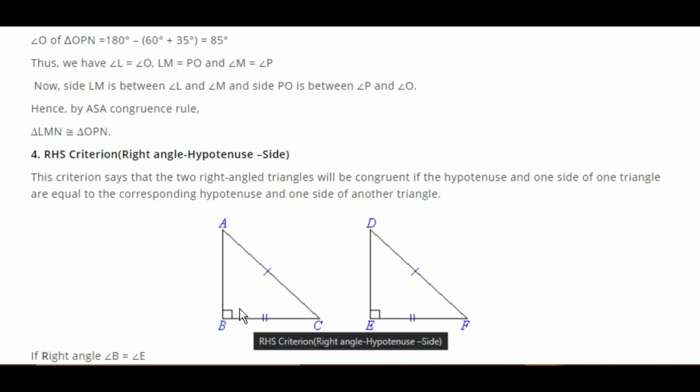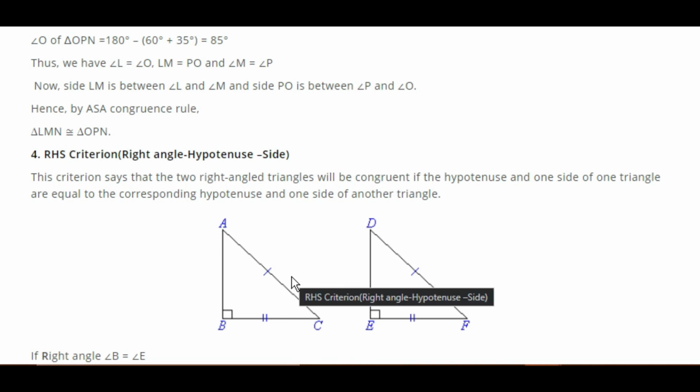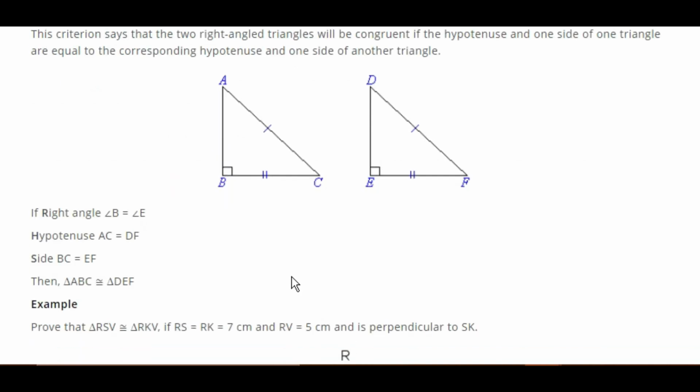And second thing, the triangle should be a right angle triangle. So these two are right angle triangles. The hypotenuse should be equal. In this, AC is equal to DF, and any one of the sides. So here BC is equal to EF. If these conditions are true, then the triangles are congruent with RHS criteria.